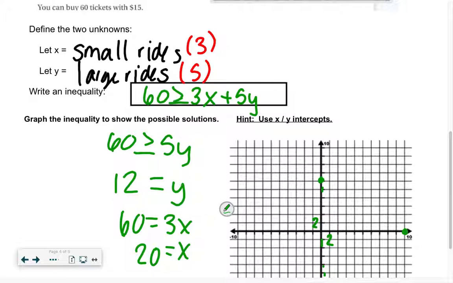I'm less than or equal to, so I have a solid straight line. Sorry, am I shading above or below that? Below, yeah.